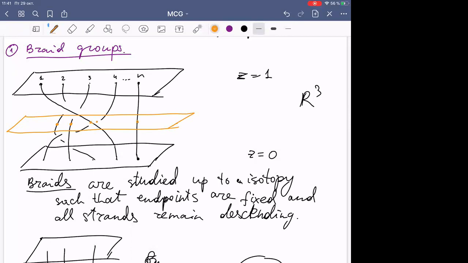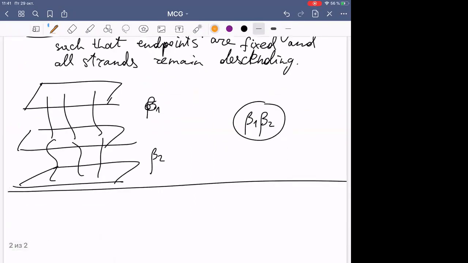Instead of thinking about n strands, we can think about a configuration of n points, which changes as we pass in this direction, and we get a loop in the configuration space.